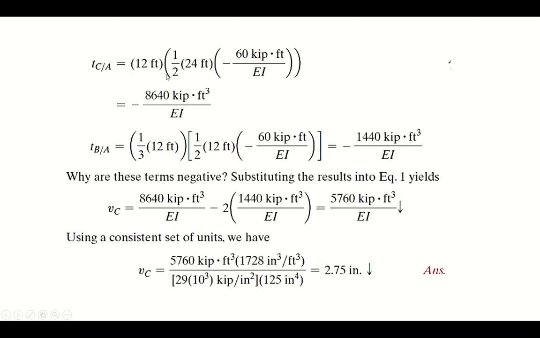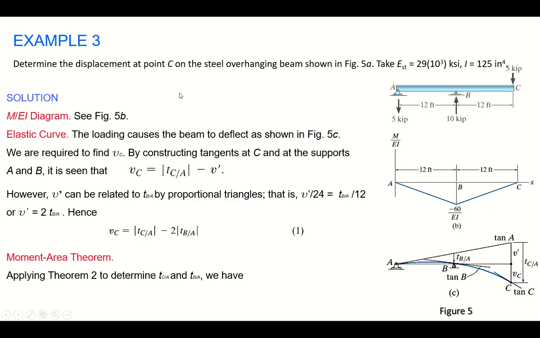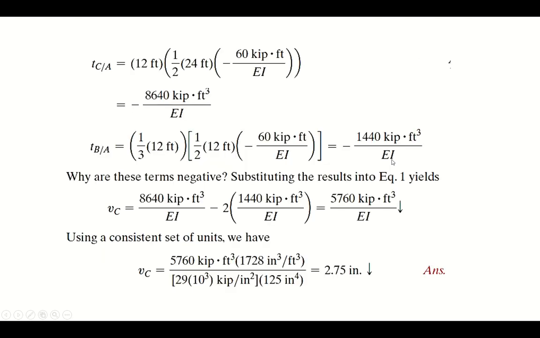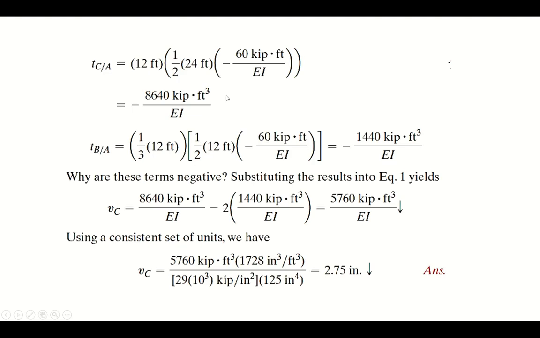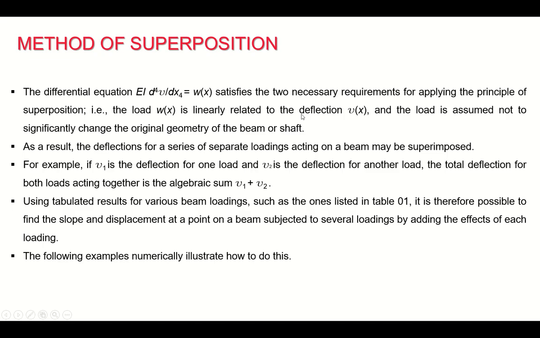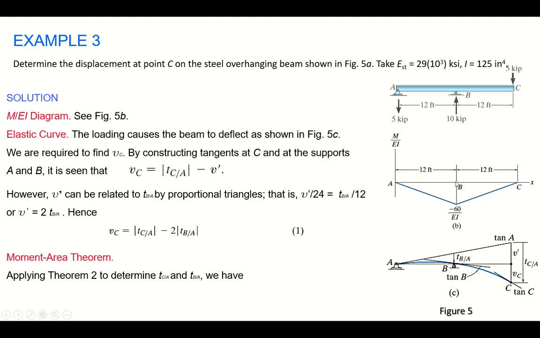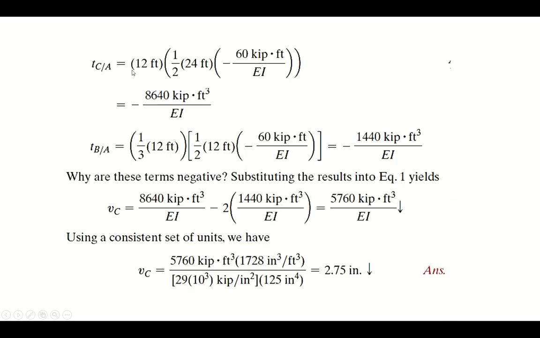So 12 into half of 24, which is the length of both the triangles, 12 plus 12 is 24. So half of the 24 into 60, which is the perpendicular, right? By solving this we will get the value of Tc by A.